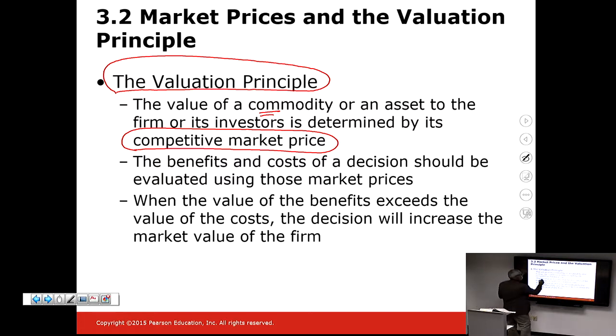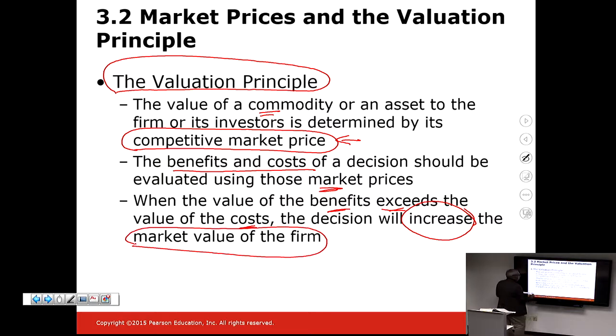So the benefits and costs should be evaluated using these market prices that we have determined through a competitive process. And when the benefits exceed the costs, that would increase the market value of the firm. So to attain the objective function, maximizing shareholder wealth, we have to constantly increase the value of the firm within the constraint of risk.